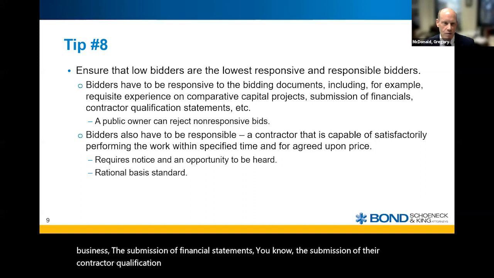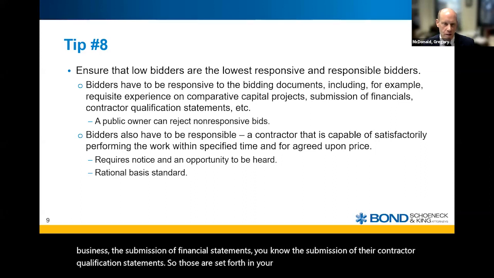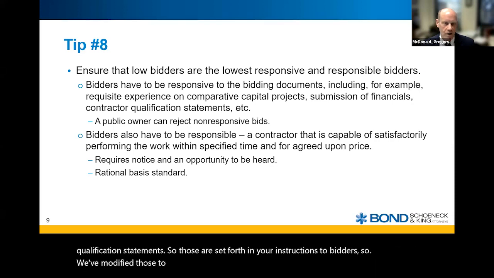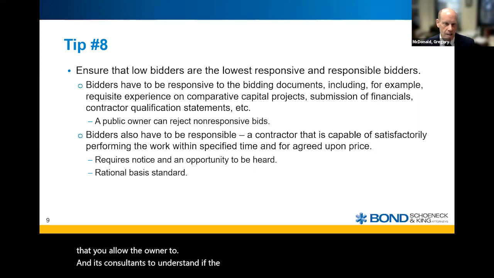So those are set forth in your instructions to bidders. So we've modified those to include a fairly comprehensive and robust requirement for bidders that allow the owner and its consultants to understand if the contractor is capable of performing this project.